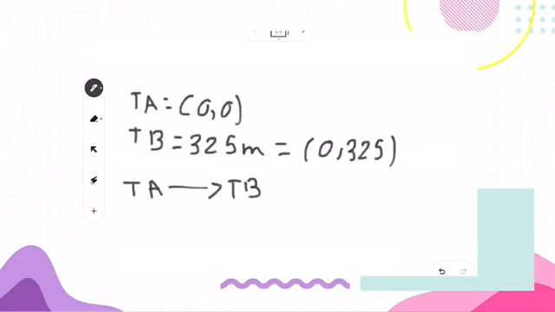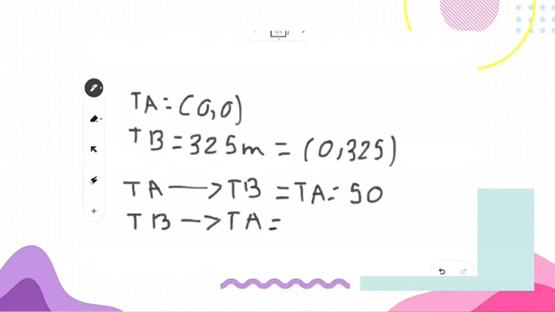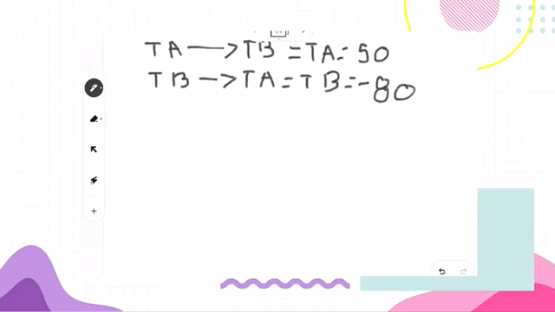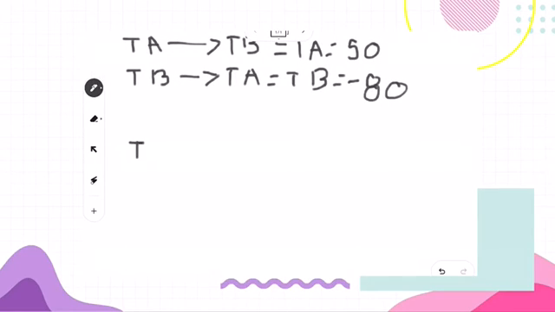Train A's rate of change must be positive and equal to its speed of 50. Train B is traveling towards A, which has a lesser y value, giving B a negative rate of change, minus 80. The two lines are thus: train A equals 50x and train B equals minus 80x plus 325.